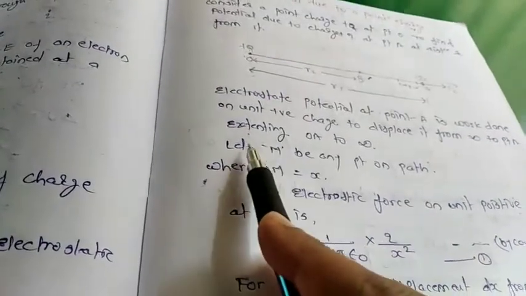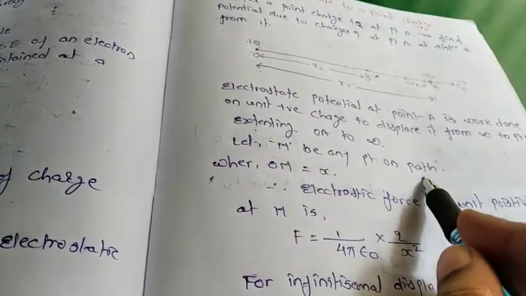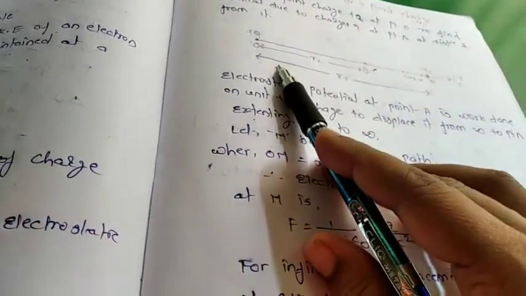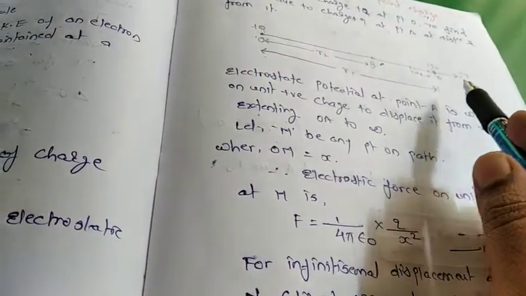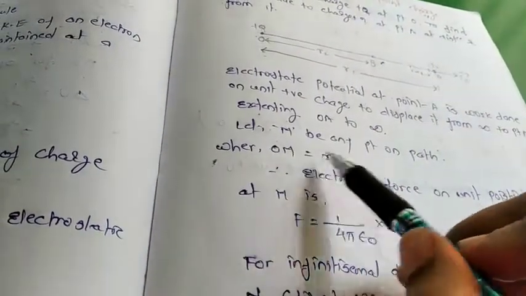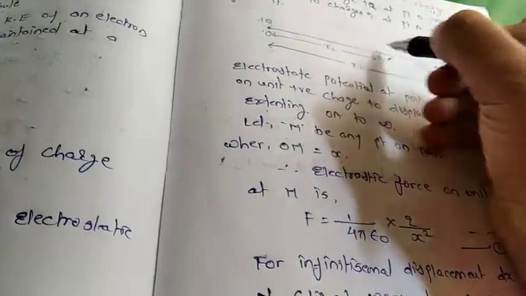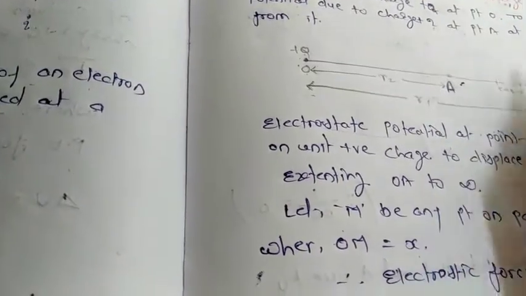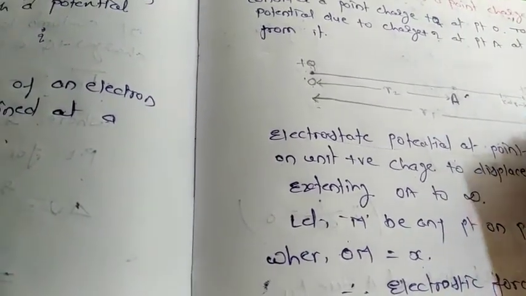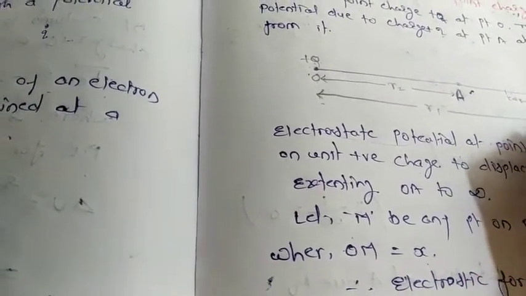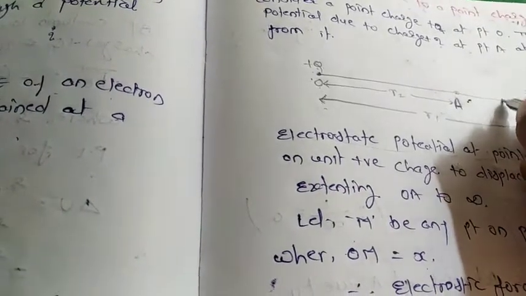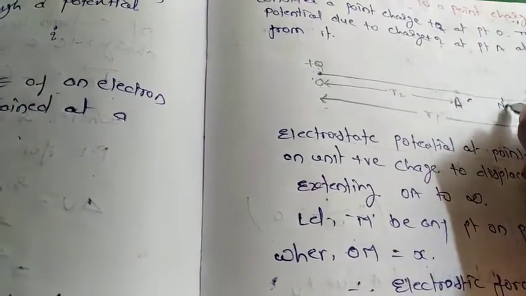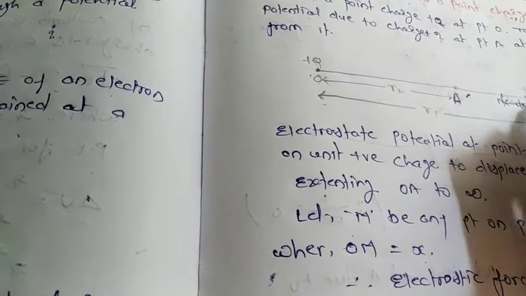Now let M be any point on the path, where OM is equal to X. Here I have written A, and let M be any point. We will consider the next point as N, and this distance as dr.